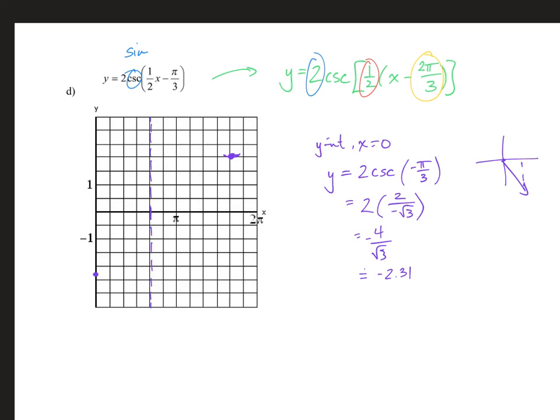Now I know that that's not a maximum. It's just a y-intercept. But I really do have enough on my curve right now to be able to make this graph pretty representative. I do know that I'm going to have my branch that comes down here.